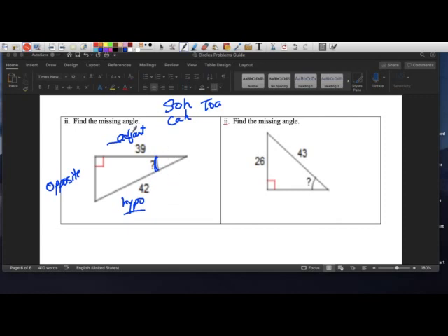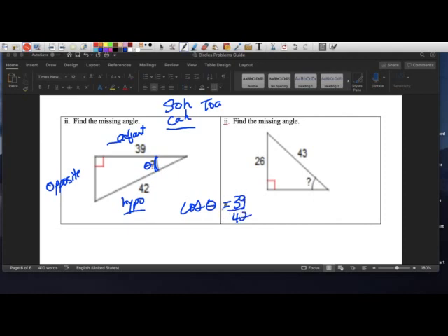What uses the adjacent and the hypotenuse will be cosine. So cosine of theta, an angle that I don't know, is the ratio of the adjacent, which is 39, over the hypotenuse, which is 42.